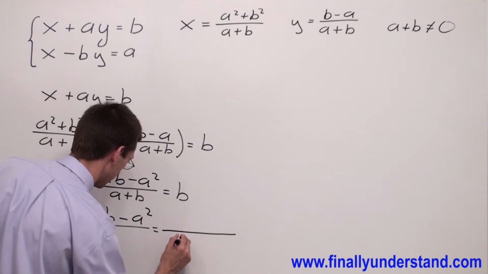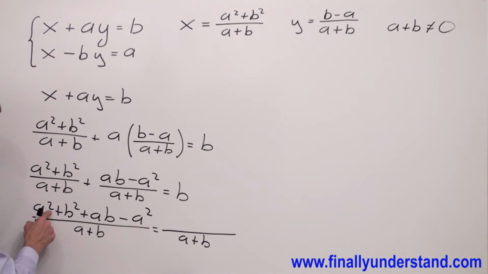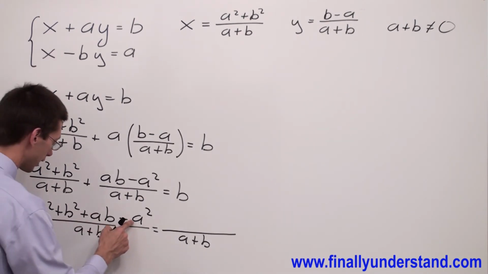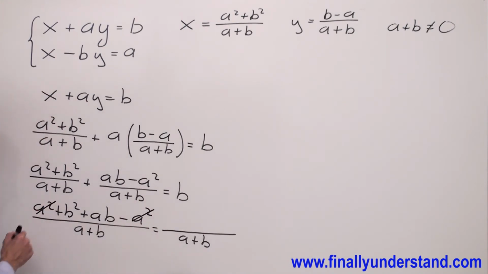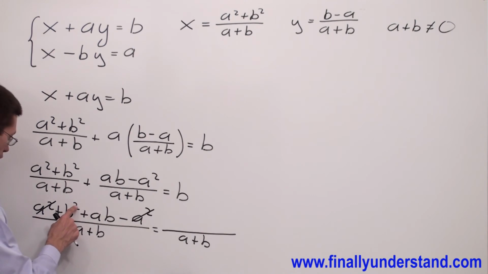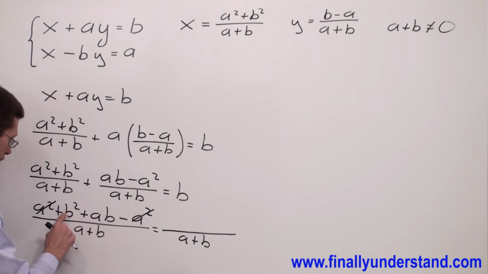I have a plus b in the denominator, and I have a squared and negative a squared. These two terms are going to subtract each other, and I'm going to have b squared plus ab. I can factorize b from these two terms.